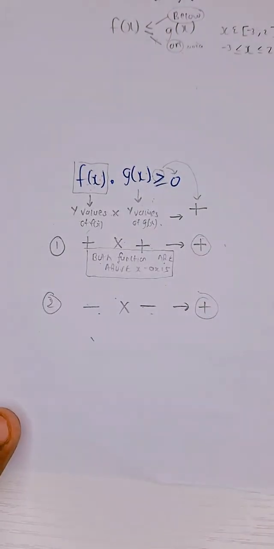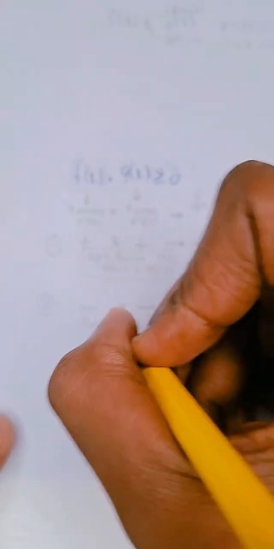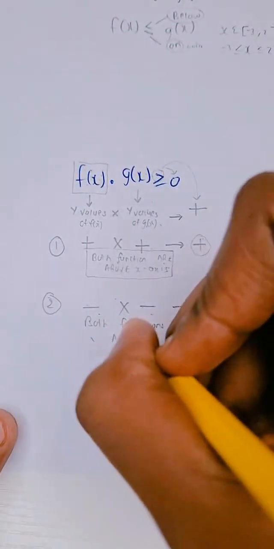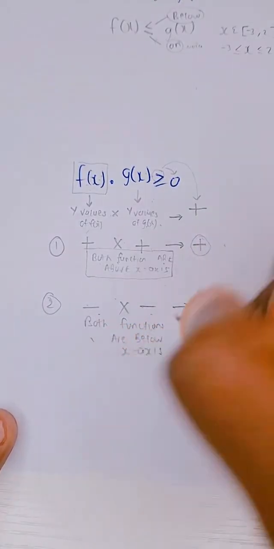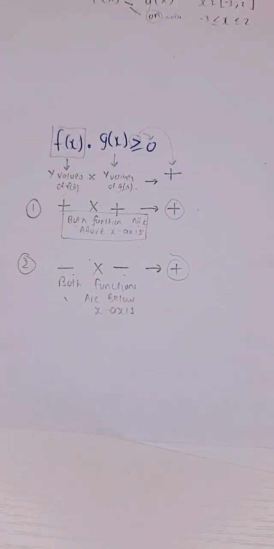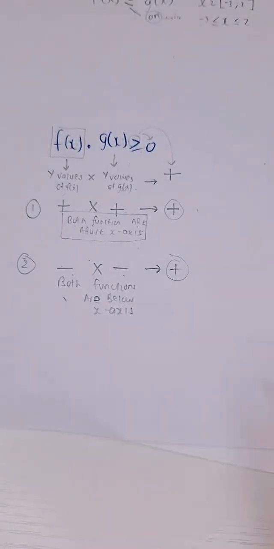This is my other one. That means I'm looking for where both my functions are what? Are below the x-axis. The interval where I see my functions being both below the x-axis, this is the place that I am looking for.